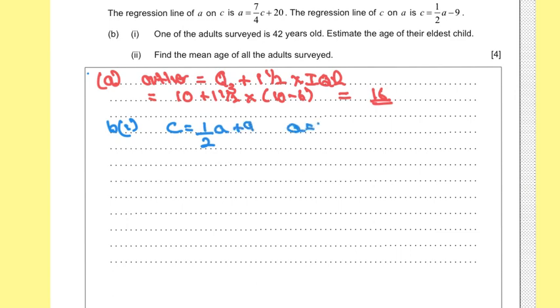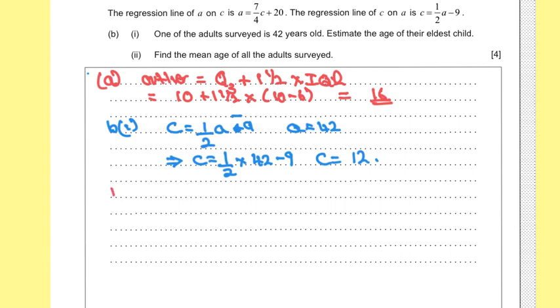A is equal to 42, therefore C equals a half times 42 minus 9. There's a mistake, so it should be minus. So C is equal to 12. So the child would be 12.